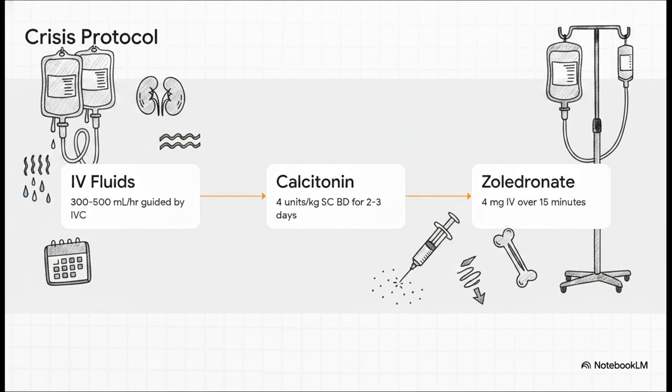Step 2. Administer rapid-acting calcitonin at 4 units per kilogram subcutaneously twice daily, but use caution, as tachyphylaxis reliably occurs within 2 to 3 days. Step 3. Lock in the slower definitive mechanism with an IV bisphosphonate, preferably zoledronate, dosed at exactly 4 milligrams in 50 milliliters over 15 minutes.